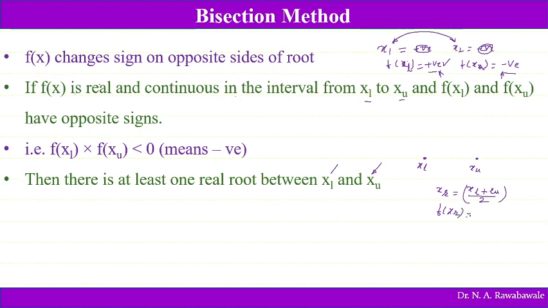So initially, say for example f of xl is negative and f of xu is positive, now average of these two we are going to take, and then we are going to find out f of xr.